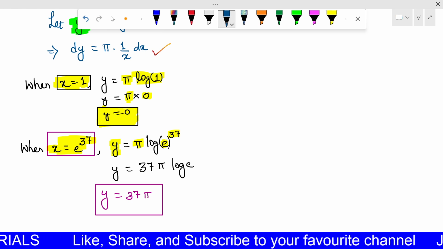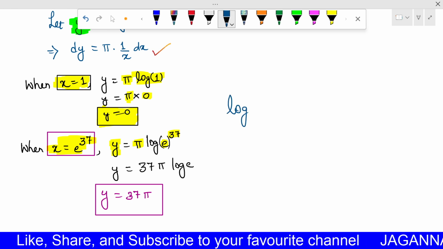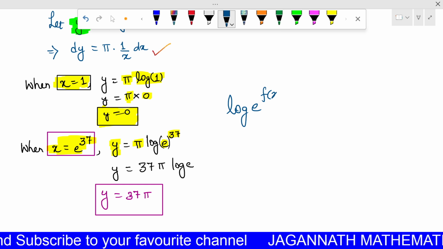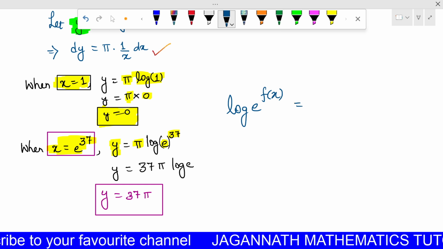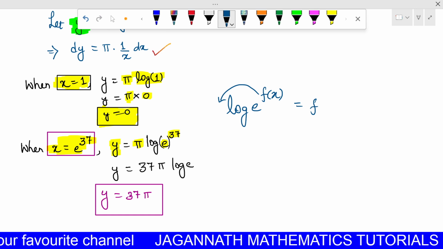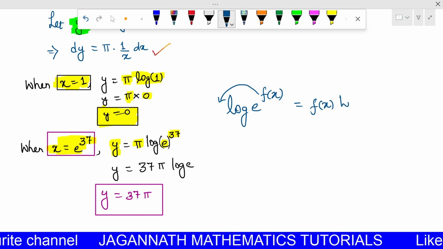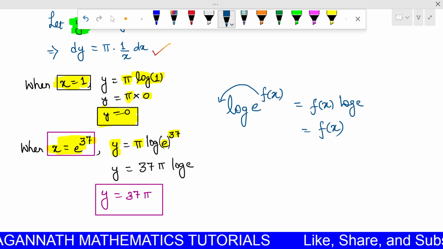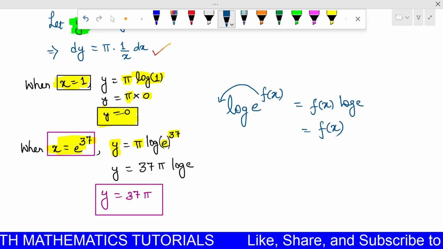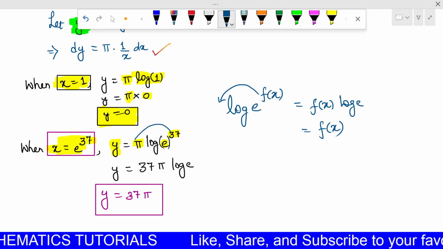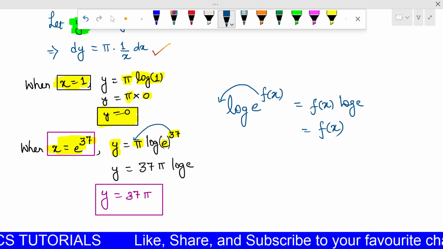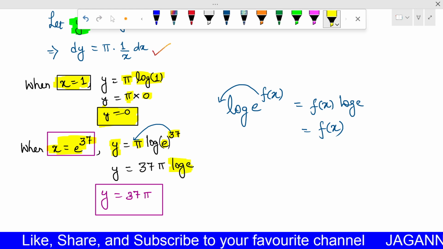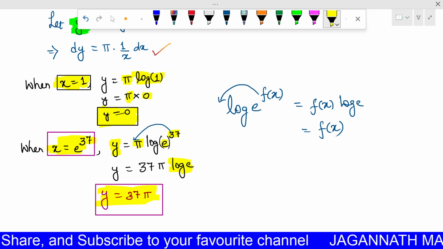Now we know a property of log, that log e to the power f(x) is equal to f(x) log e, and we know that log e is 1. So y equals this 37 will come here, so y is equal to 37 pi log e. Now log e means 1, so y is equal to 37 pi, right?